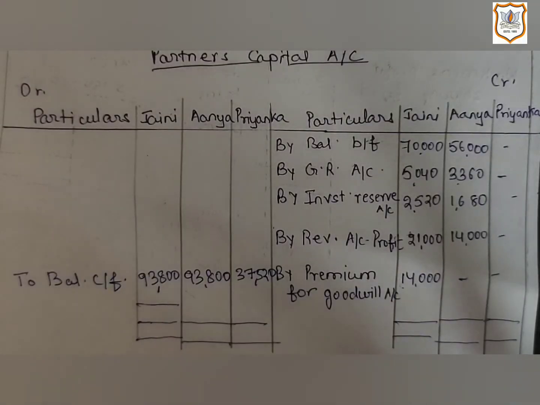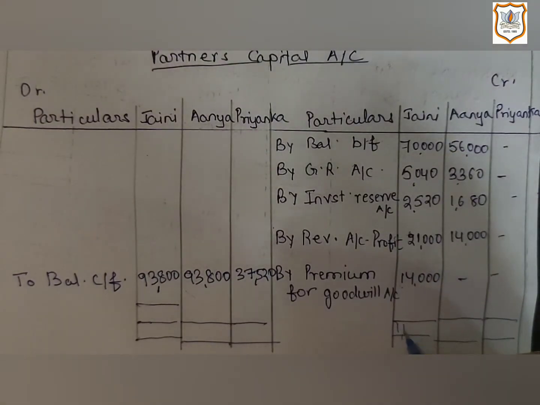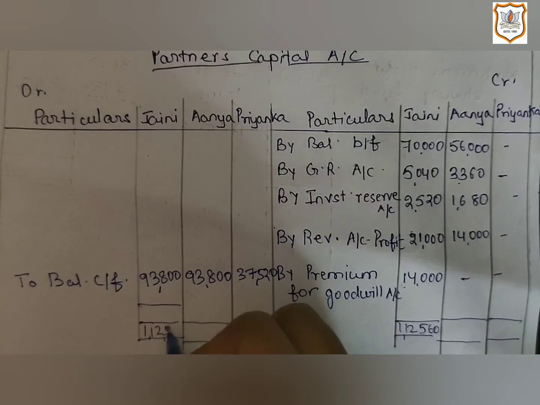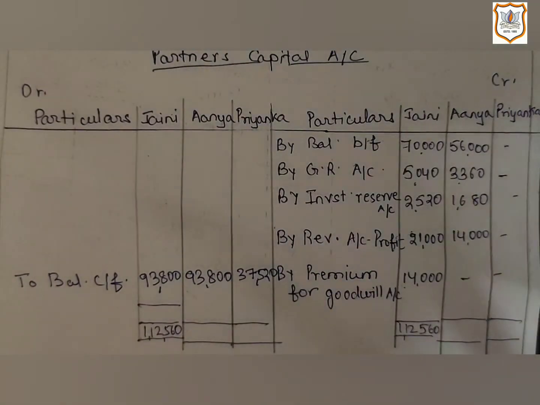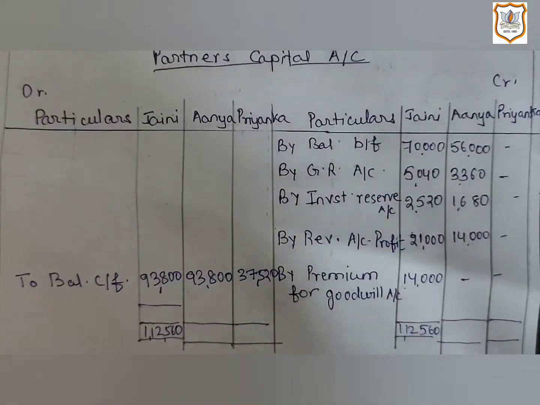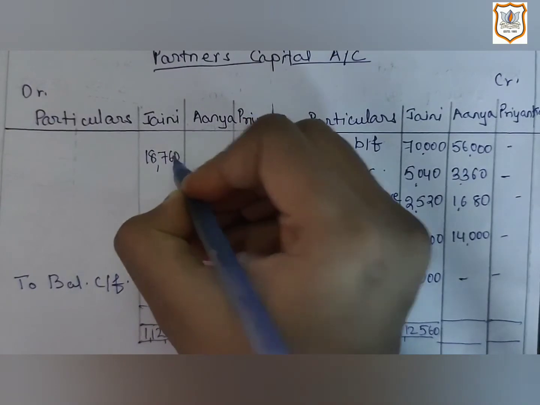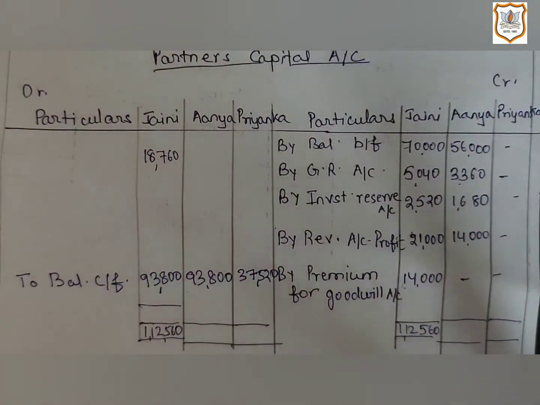Now let's close the partners' capital accounts. First we will close Jenny's capital account. Here the total of the credit side is more, that is 1,12,560, and here the difference will appear on the debit side, that is 18,760. Now if you see in the question, it is given in the last point that the necessary adjustments will be made through bank.